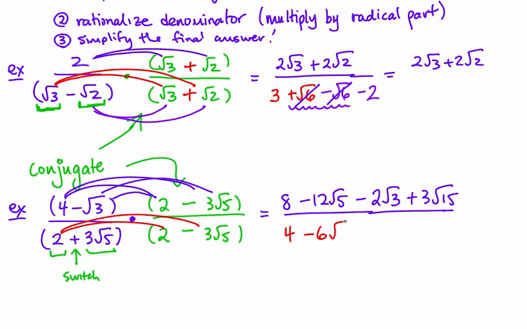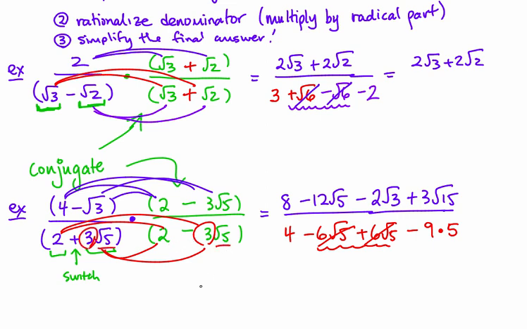Minus 6 root 5s, and we should get plus 6 root 5s, which we do. These two pieces always cancel each other out. And then the last step is minus 9 times 5. So 3 times 3 is 9, and root 5 is just regular number 5.